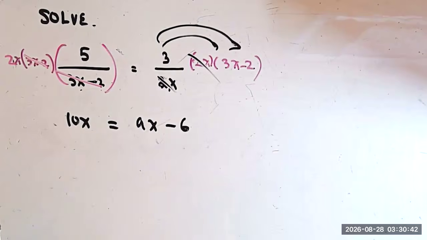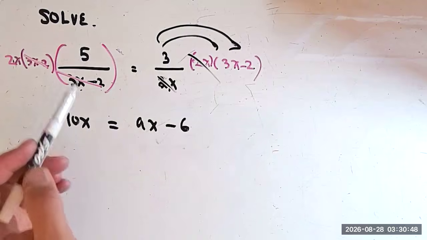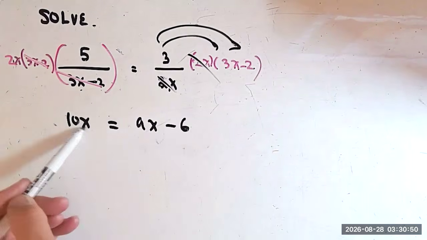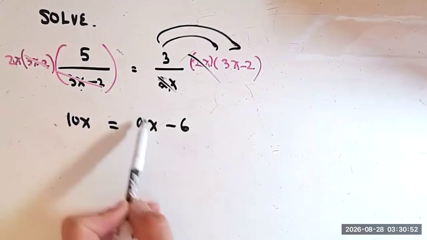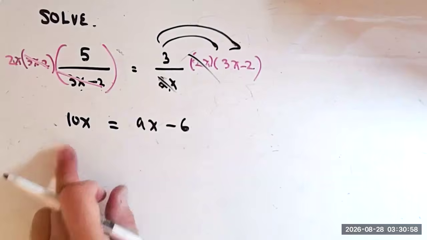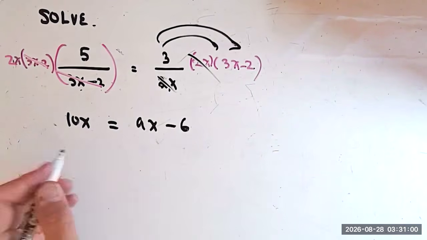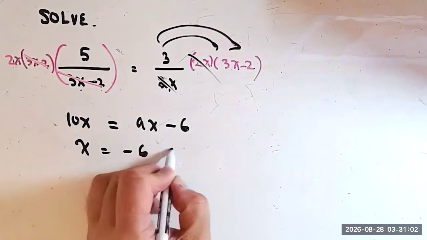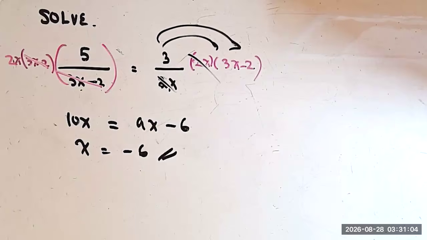Much cleaner, right? Notice if I were to cross multiply 5 times 2x, 10x, 3x times x, that would be 9x, and 3 times negative 2, negative 6. We can just simply subtract 9x, 10 minus 9, that would be 1x equals negative 6, and we are done. That was simple.